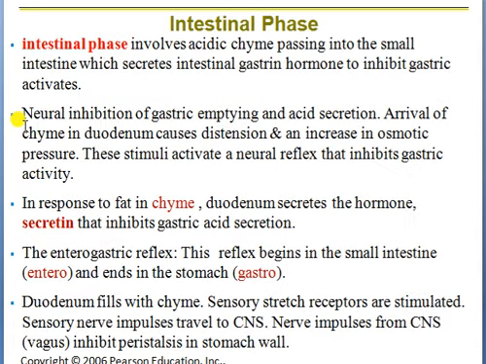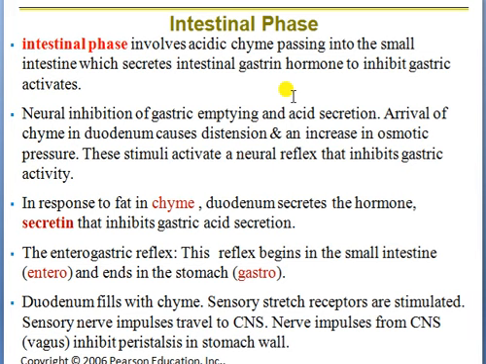So the intestinal phase. The intestinal phase involves the acidic chyme passing into the small intestine, which secretes intestinal gastrin hormone to inhibit the gastric activity. Here we are discussing the intestinal phase: when the food material enters the intestine, the stomach will be empty. When the stomach is empty, the sympathetic system is activated and inhibits the gastric secretion in the stomach.